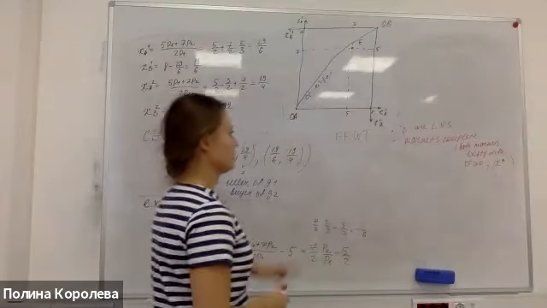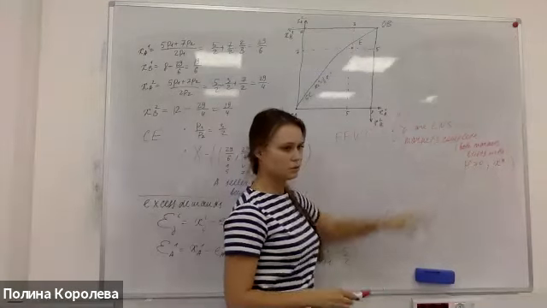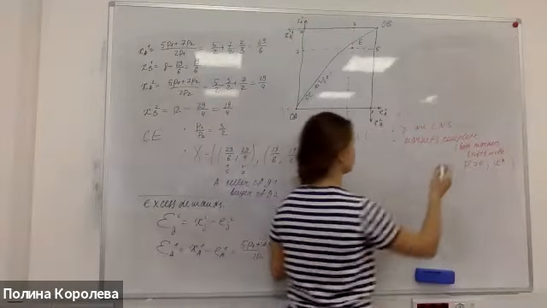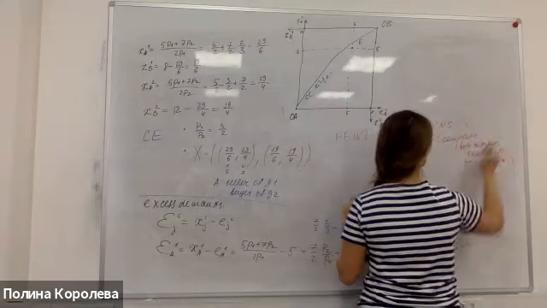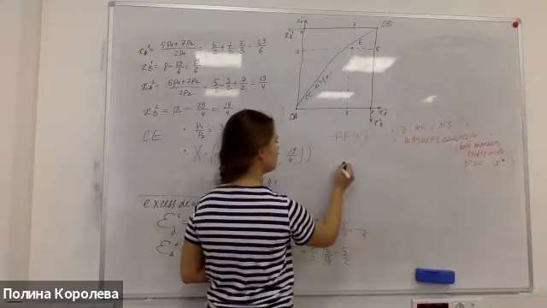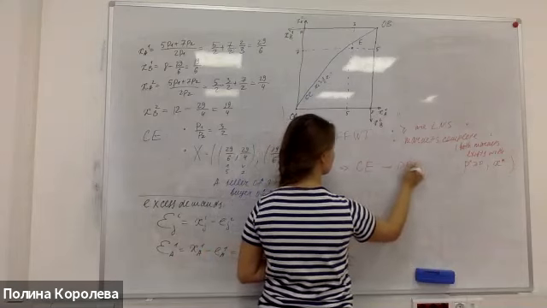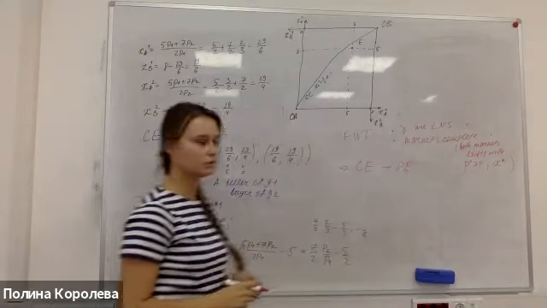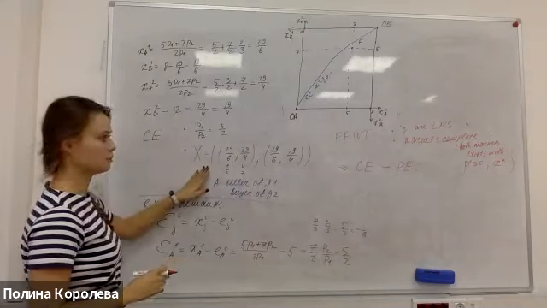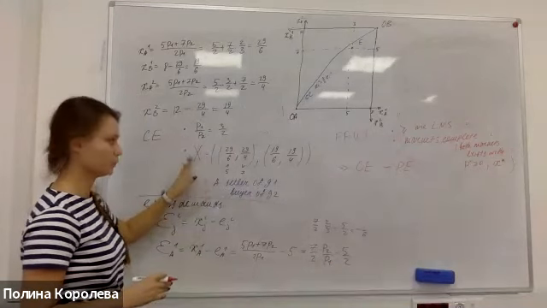If these 2 conditions hold, and they hold in our task, then competitive equilibrium is Pareto efficient. That's all. So our competitive equilibrium allocation is Pareto efficient. Okay?